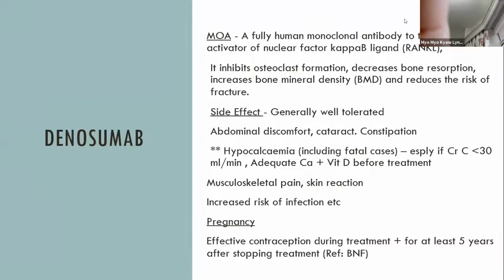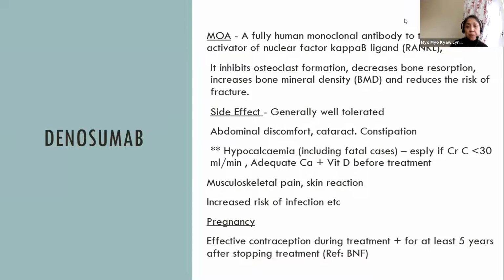So I think this is for denosumab. One of the most common side effects I like my GP colleagues to be aware of is hypocalcemia. The risk of hypocalcemia is more common if the patient has renal impairment, especially creatinine clearance less than 30.